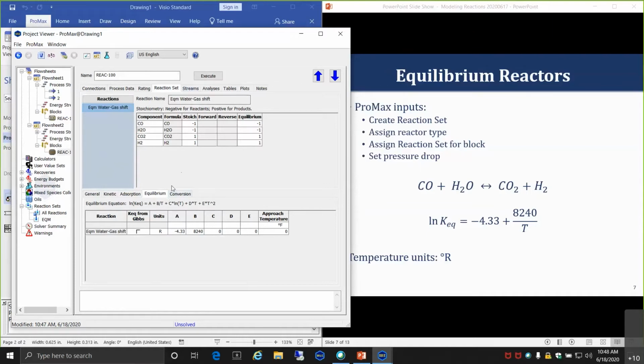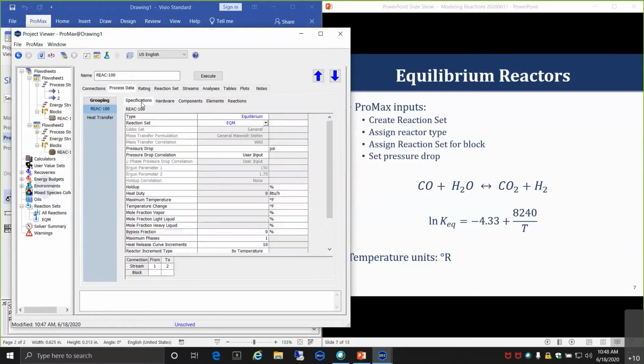Changes made here are only for the reactor, and they are not reflected in the reaction listed over here in the reaction set, and they are not reflected in any other reactor that uses this reaction set. Let's finish our specifications. We need a pressure drop.